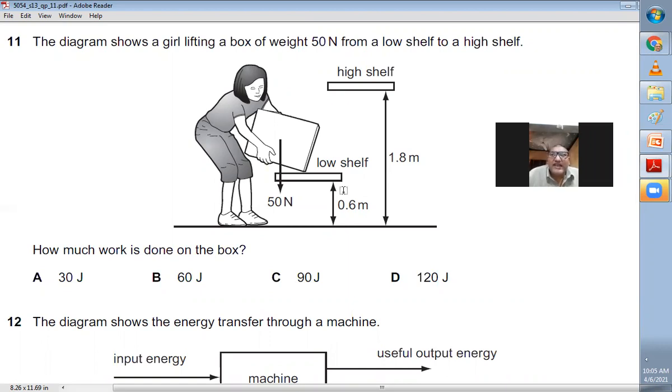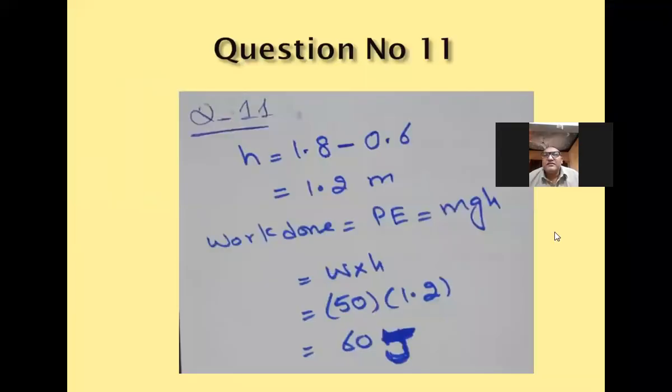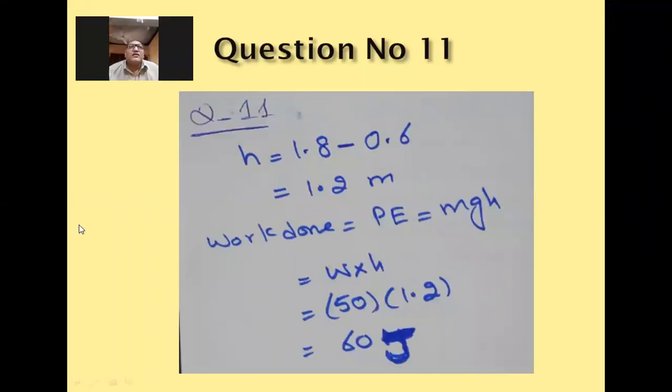Work done is equal to the gain in the potential energy. That will be mgh, or you can say weight multiplied by the vertical height. Simply put the values and you will get the answer. I've done this on paper. Let me show you my work. Here you can see the height is the height which the box moved, that is 1.8 minus 0.6, which is 1.2 meter. So work done is equal to the potential energy, mgh, or weight multiplied by the vertical height.